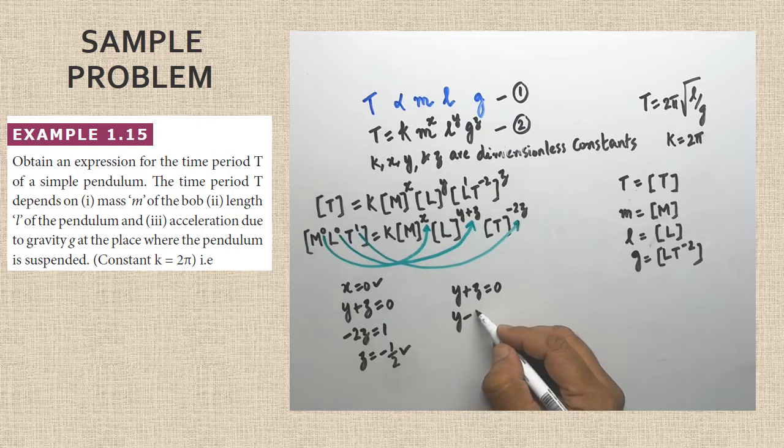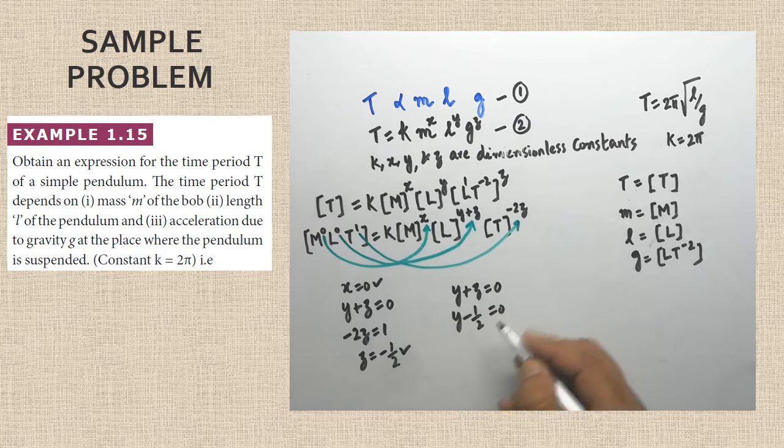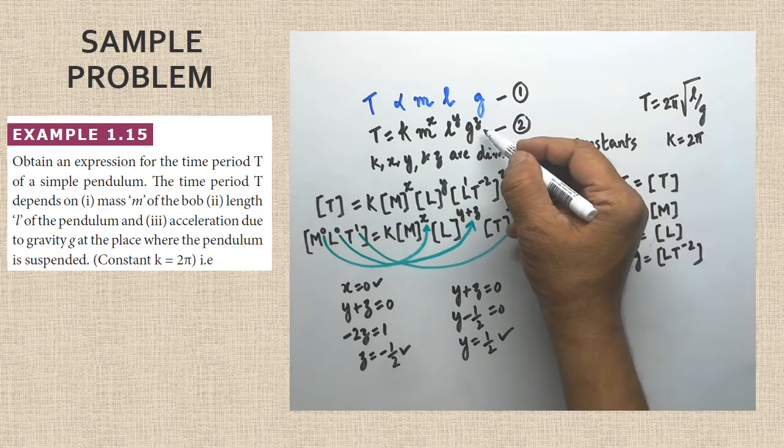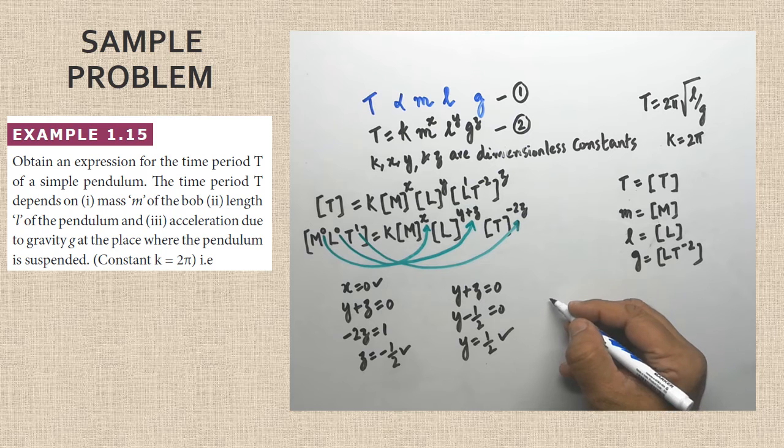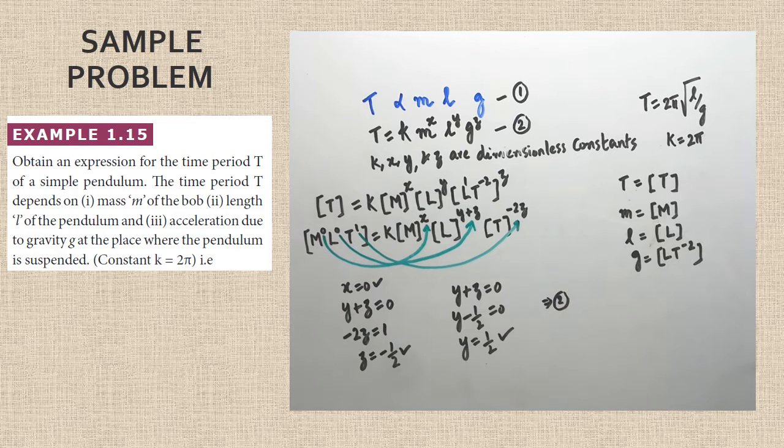Y minus half is equal to 0. Therefore, y is equal to half. So, y is also ready. Are you clear? So, now that we have found the x value, y value and z value, all the x, y, z values must be substituted in equation 2.